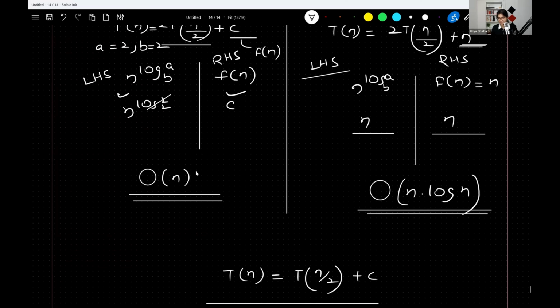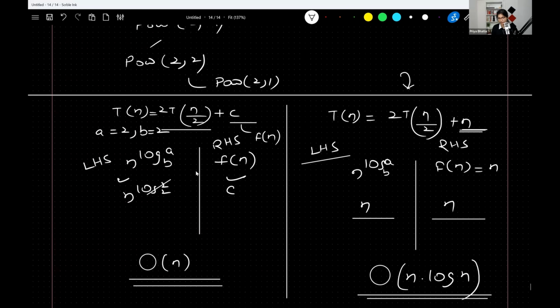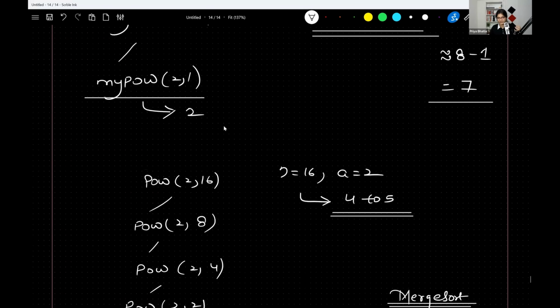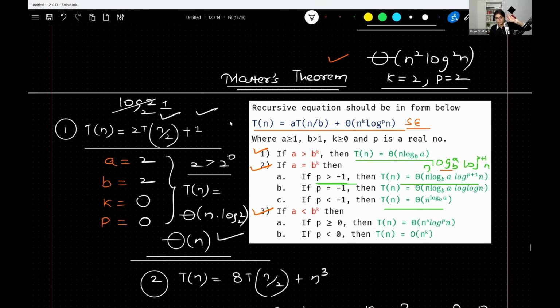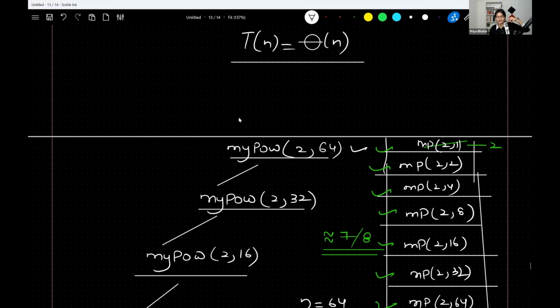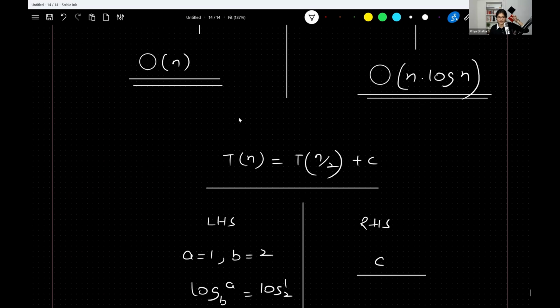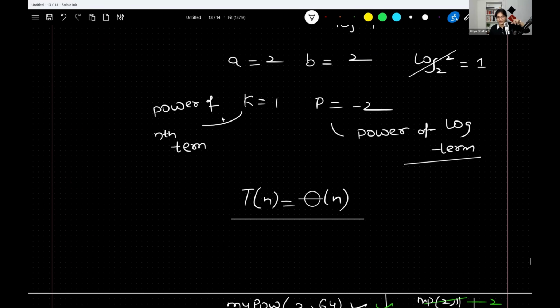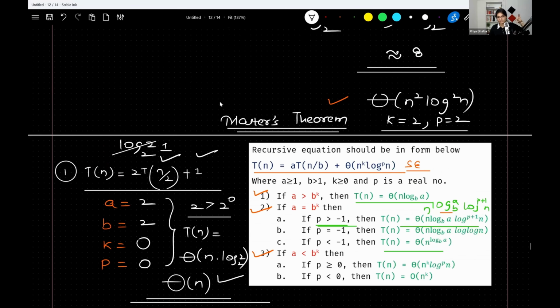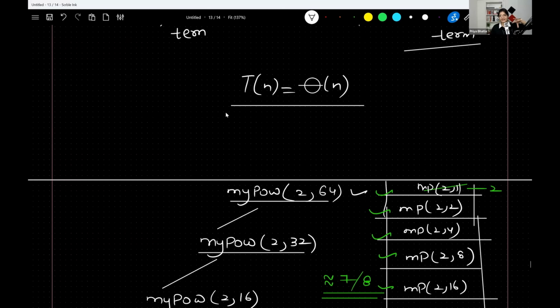This is the complexity. This is also the recurrence relation for merge sort. You will observe after some sessions when we discuss this algorithm. Similarly, you can easily solve this problem without referring to the conditions that I mentioned just now. But this will be applicable only if you don't have a logarithmic term in f of n. If a logarithmic term is there, then the p value will come into the picture, and at that point you need to refer to the chart. But in maximum situations you will be able to tackle it via this method.